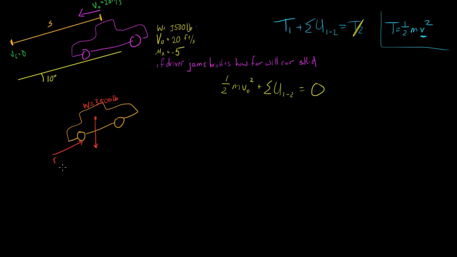And our frictional force is equal to our coefficient of kinetic friction, which is 0.5, times our normal force. So we need a normal force. And our normal force, we're going to treat this as a particle, and our normal force acts perpendicular to the ramp that it's on.